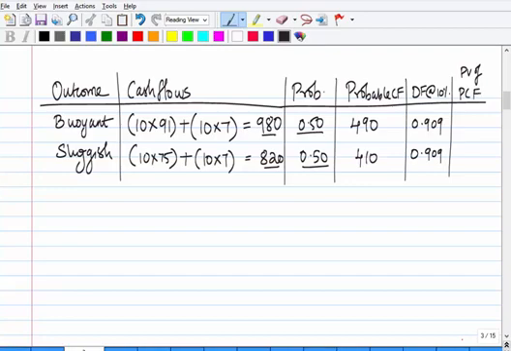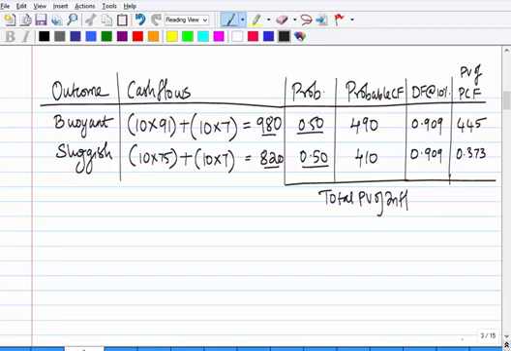So 490 into 0.909, we get 445, and 410 into 0.909, we get 0.373. Okay, so if I total this, what I'm going to get is the total PV of inflows.